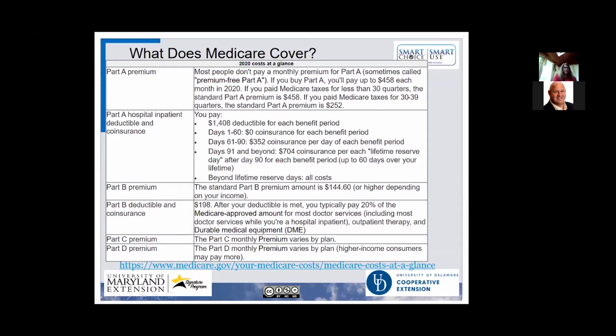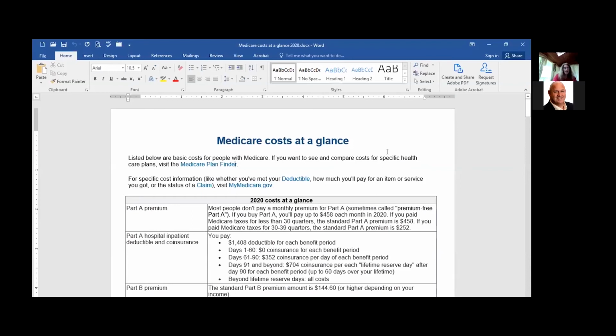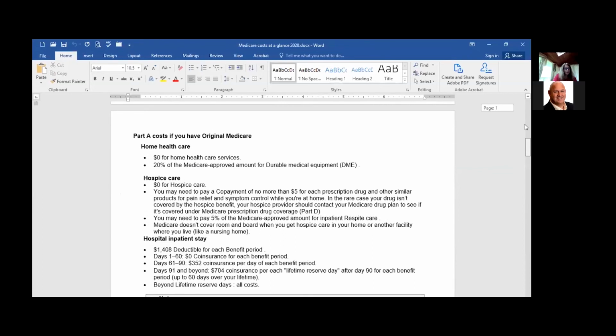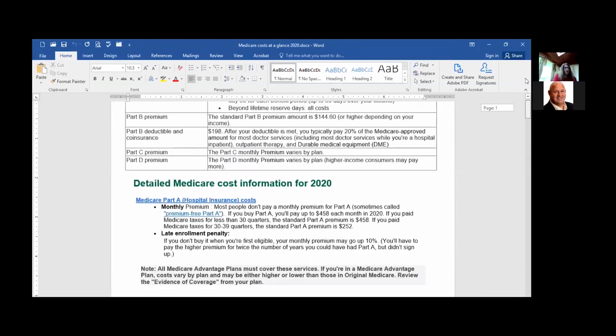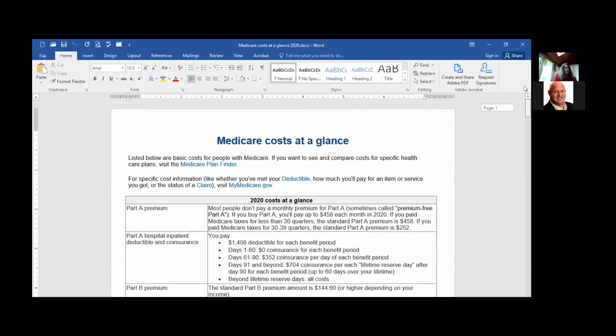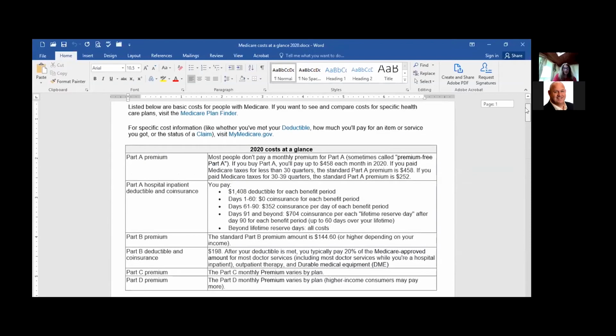I'm actually going to share this, but in the document. Here we go. So this is that document, but I'm going to scroll down a little bit. This was sent by email, so if you don't have it now, you can look at it more closely when this is over.